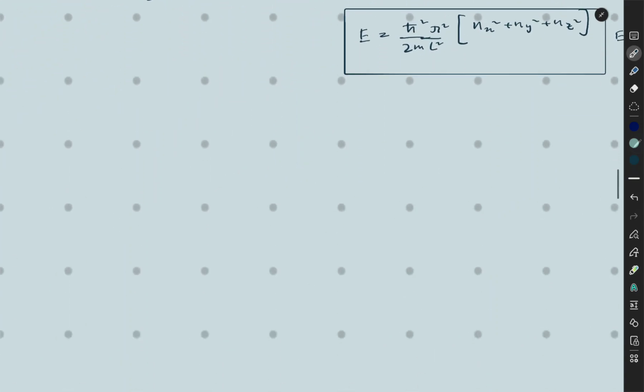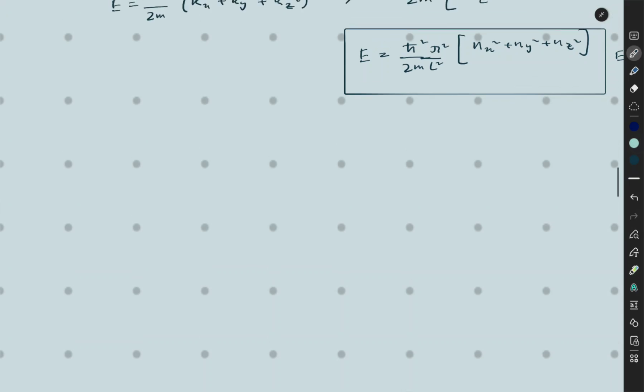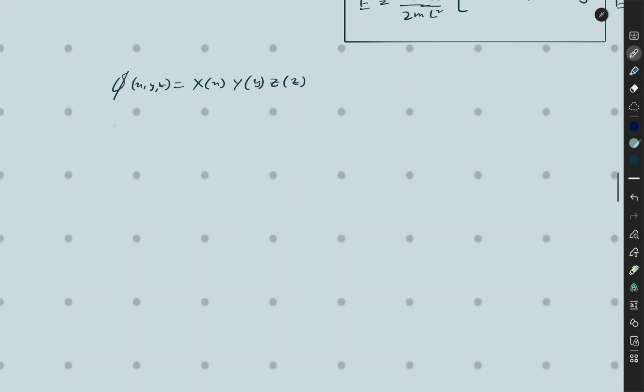And now the derivation comes for the final wave function, that is the eigenfunction. So we have seen that phi of x, y, z equal to X of small x and then Y of small y and Z of small z. So now if we consider phi of nx, ny and nz, then we get ax sine kx x.